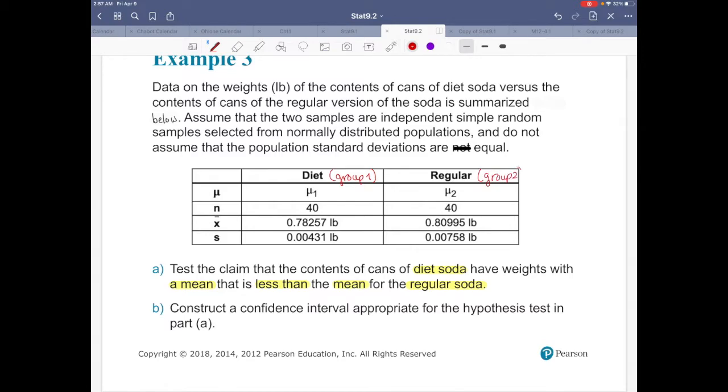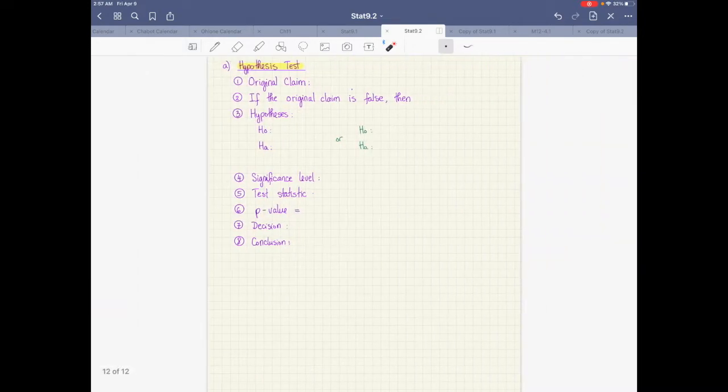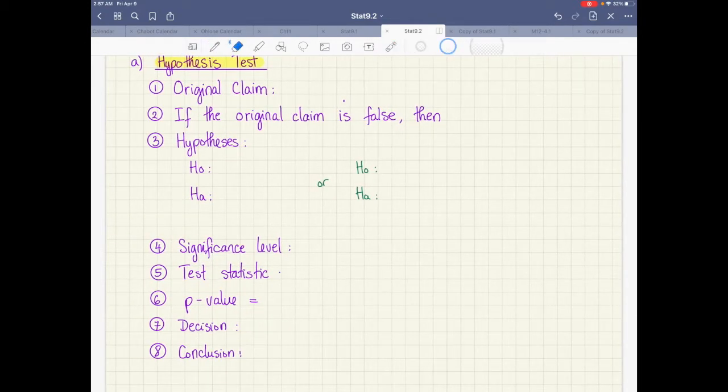and this is group 2, I want to test the claim if mu1 is less than mu2. If mu1 is less than mu2 is false, then mu1 is greater than or equal to mu2. My H0 is mu1 equals mu2, and HA is mu1 is less than mu2.